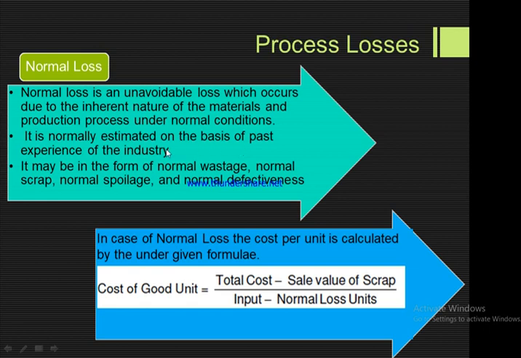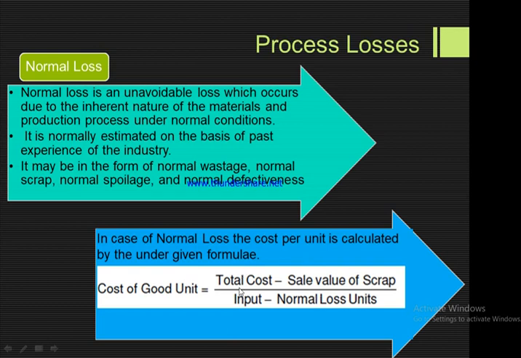So when it is a part of the nature of the product itself, normal loss is bound to prevail. And in order to calculate the normal loss per unit, we use this particular formula: the total cost minus the scrap value of the units, in case there is any scrap value, divided by the input quantity minus the normal loss quantity.